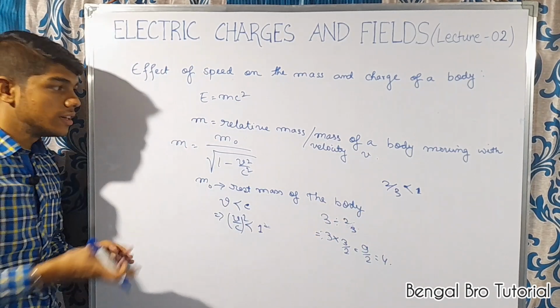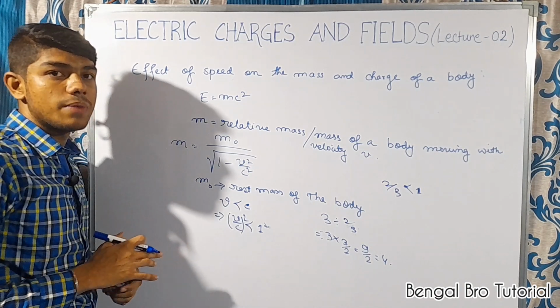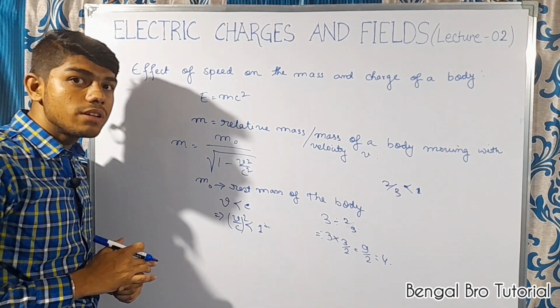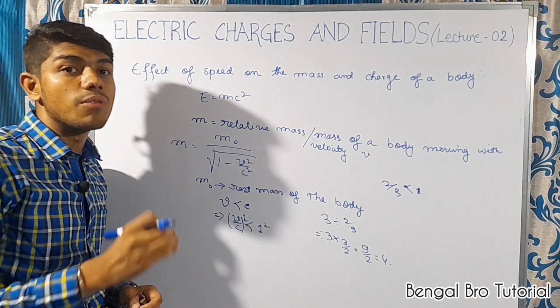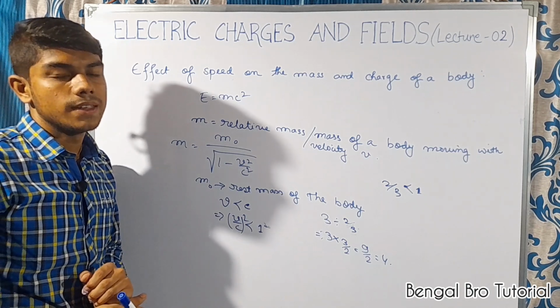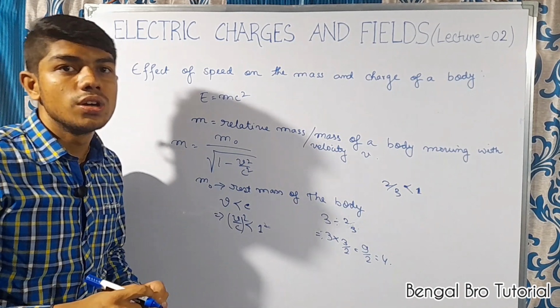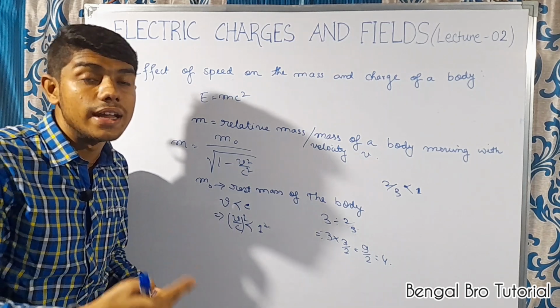So finally the relative mass of the body will always be greater than its rest mass, which means that the mass of a moving body is greater than its rest mass. And finally we can conclude that mass is relative and is observer dependent.